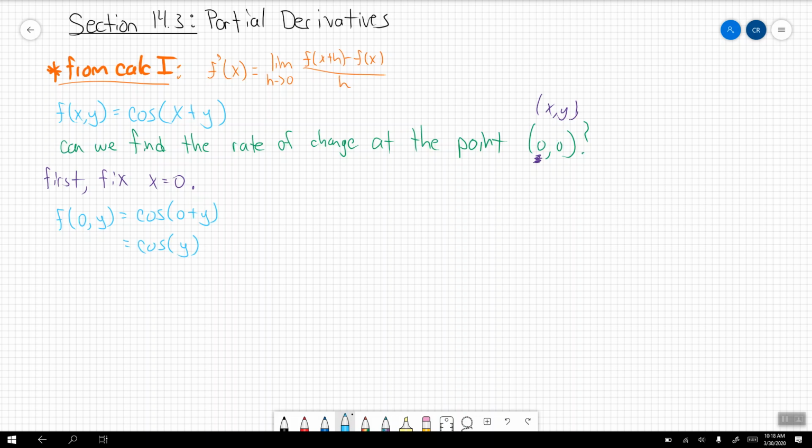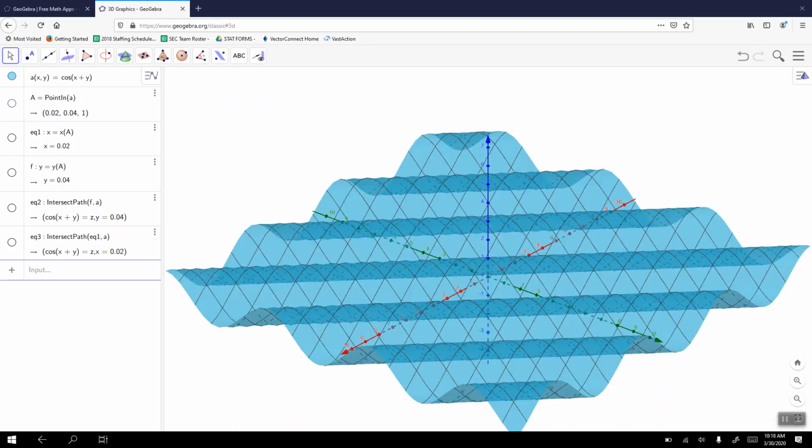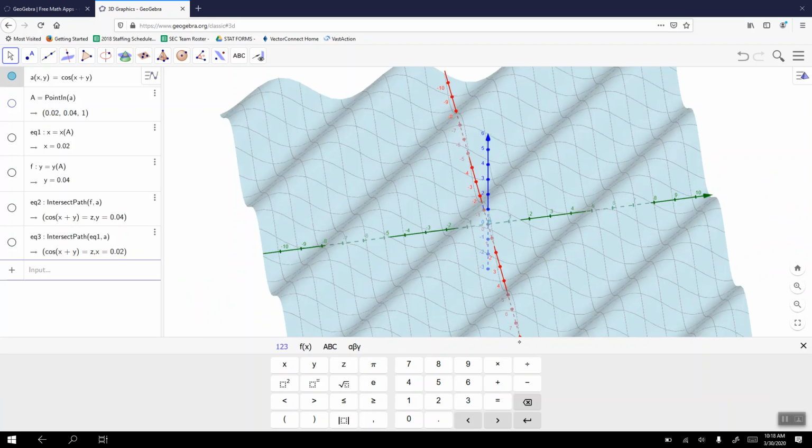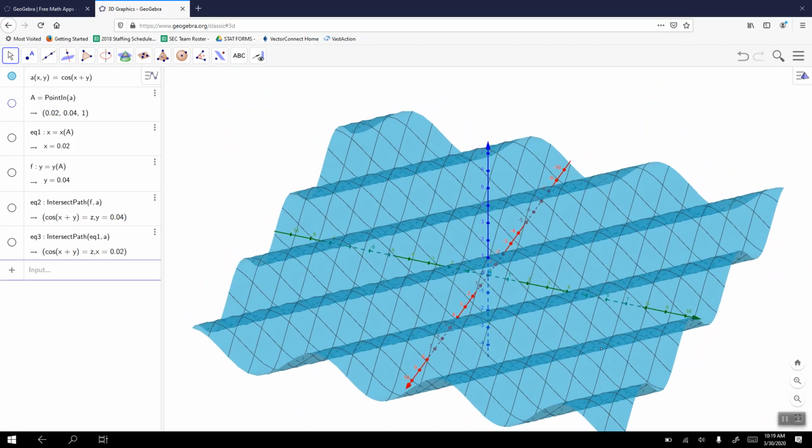Now, looking at this function, this is going to give us something beneficial. I've taken the liberty to put this on GeoGebra, so we're going to look at this on GeoGebra really quickly. Here's GeoGebra. There's our function here. Now, what I want to do is identify the point 0, 0.